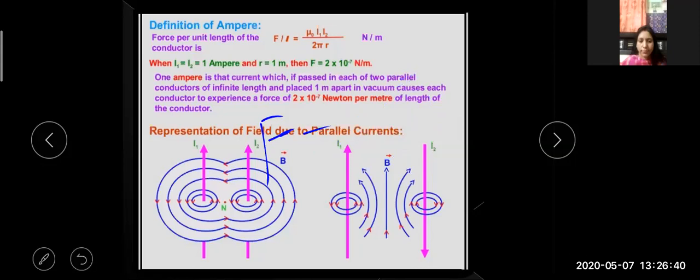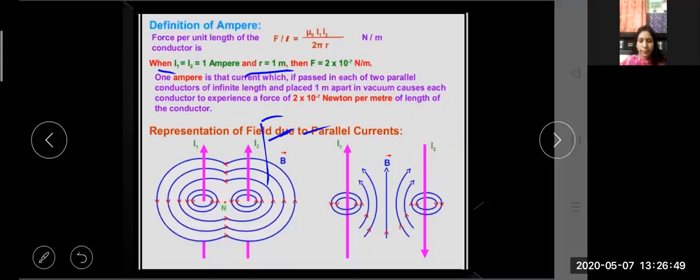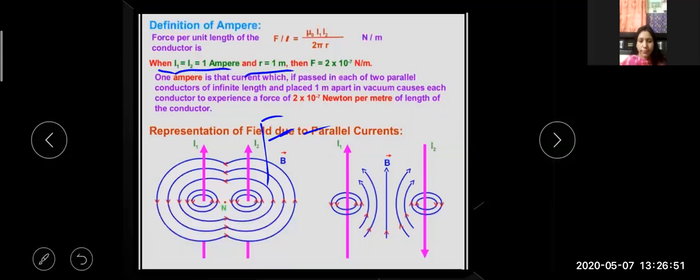So if we take I1 and I2 as 1 ampere and R as 1 meter, clear? Then the force per unit length is 2 into 10 raised to power minus 7 Newton per meter.